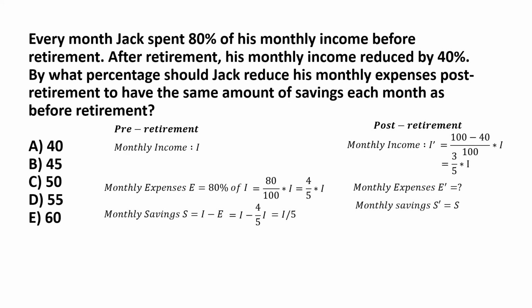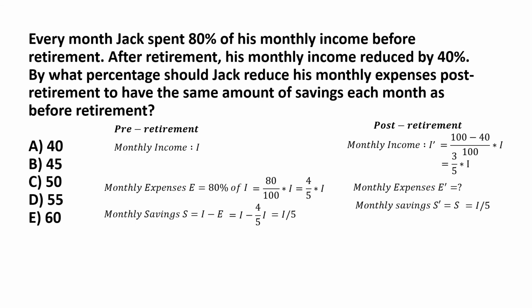And then his monthly savings, well, we have to actually find his monthly expenses post-retirement so that his monthly savings doesn't change. The amount remains the same. So his monthly savings post-retirement S dash should be equal to his pre-retirement savings S. And we know that S is equal to I by 5.